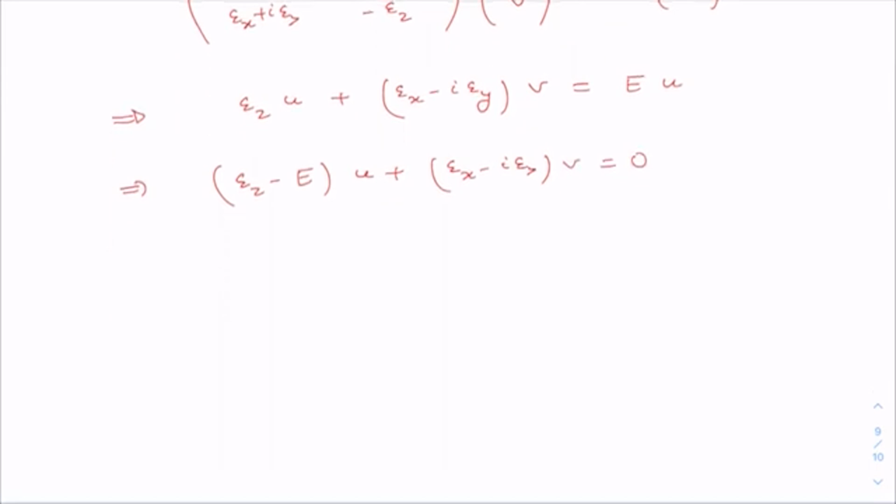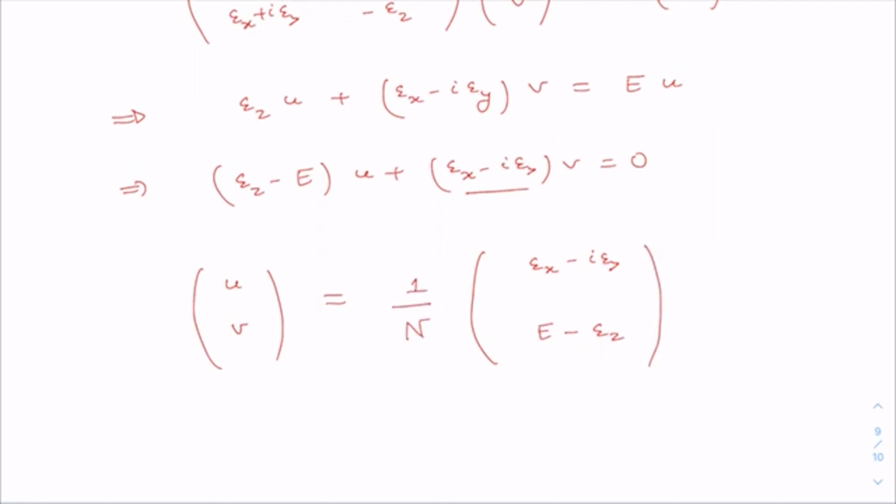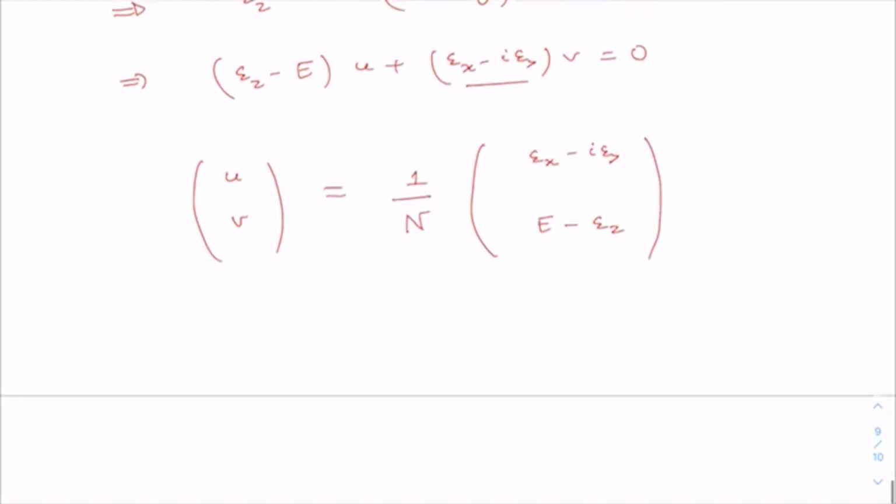So we can write u and v. If I take u equal to, say, epsilon x minus I epsilon y, then to satisfy this equation I must take v as E minus epsilon z, and it has to be normalized. So let us say n is the normalization parameter.